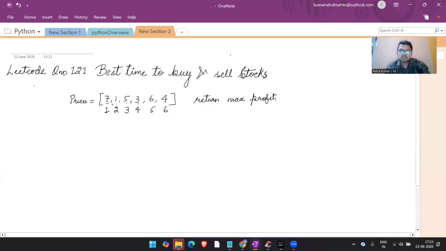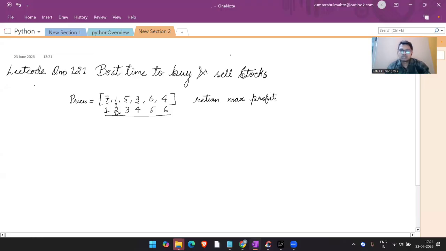So suppose in this case we can directly see that among these 6 days, the second day, the price of the stock becomes very low, that is 1. Among all the days, this second day is the minimum price of the stock.